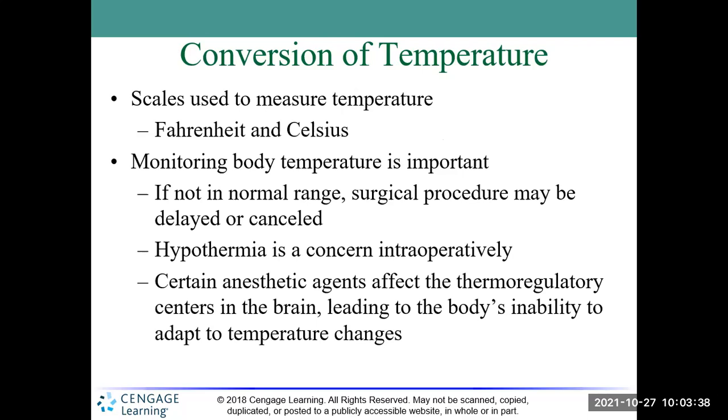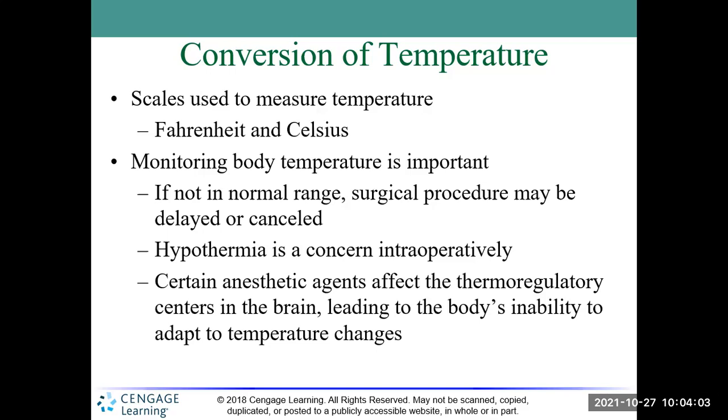If you're having to convert the other way, it's Celsius times 9/5 plus 32 gives you Fahrenheit. Everything that you will be using in the OR is in Celsius already. The monitoring systems are set up on Celsius, but you do need to know how to calculate this for your testing purposes and for the board exam.